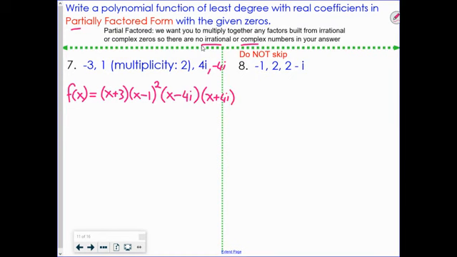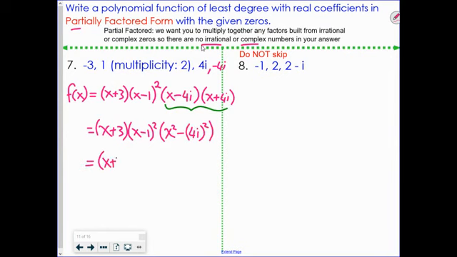So my polynomial in partially factored form, I'm going to have to multiply these two together, and don't forget that's just difference of squares. So this would be x plus 3, x minus 1 squared, and this would give me x squared minus 4i squared, so that would give me x plus 3, x minus 1 squared.